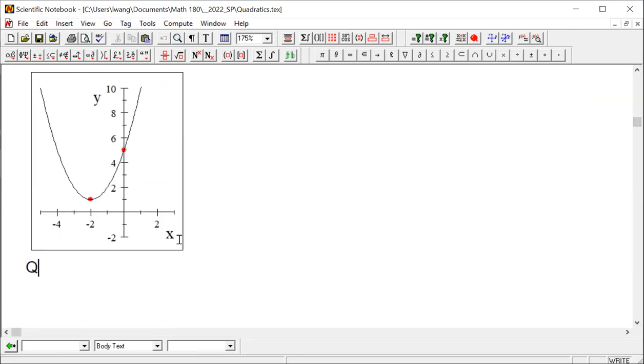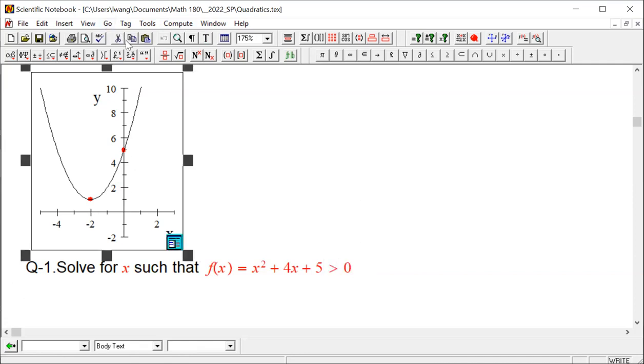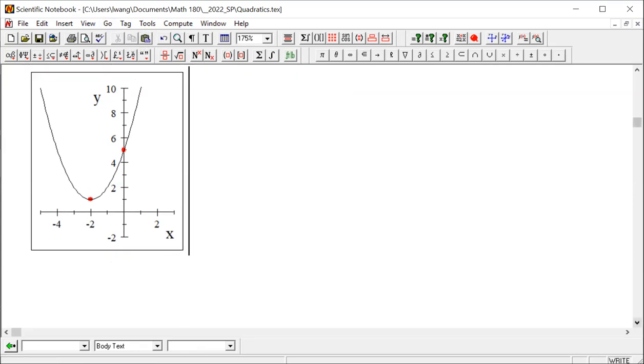So question number 1. Here's the function. We say solve for x such that the function is positive. The entire curve is above the x-axis, right?